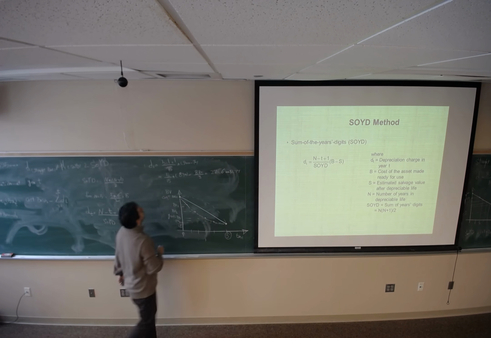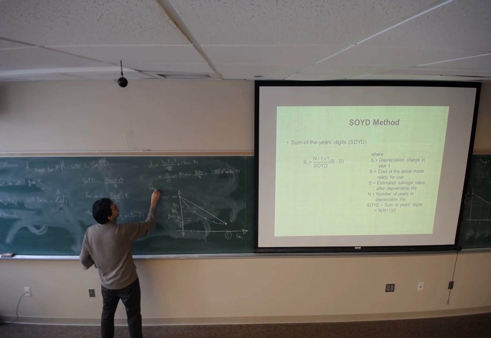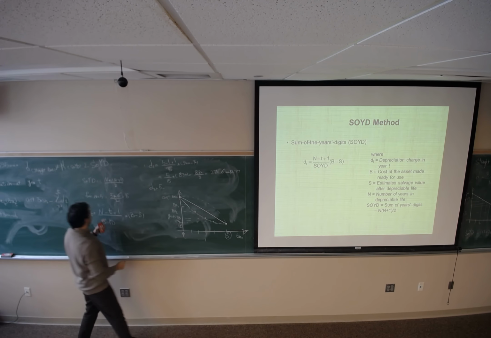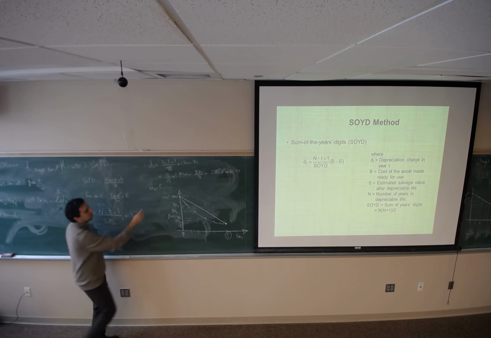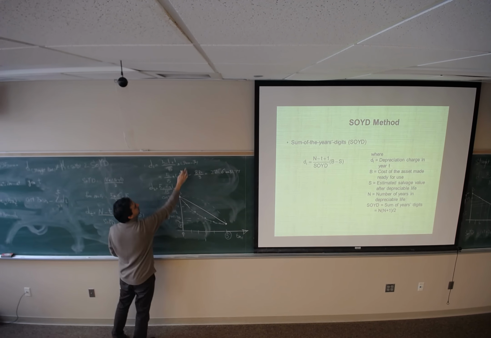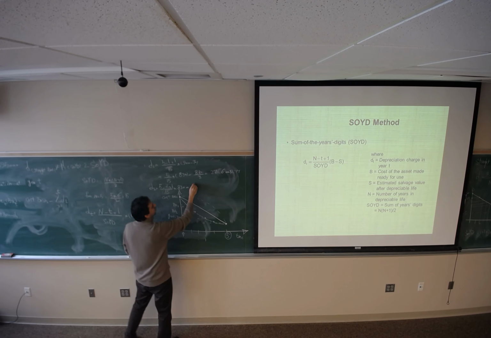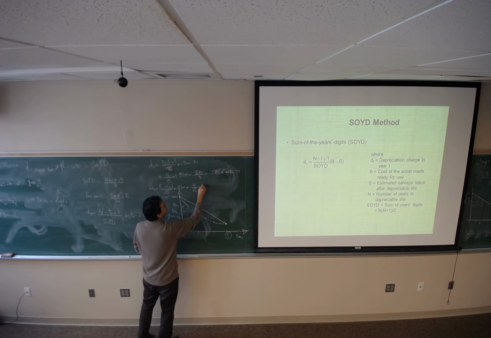For year 2, D2 would be 5 minus 2 plus 1 dividing by 15 times 830. 5 minus 2 is 3, 3 plus 1 is 4, so 4 dividing by 15 times 830.